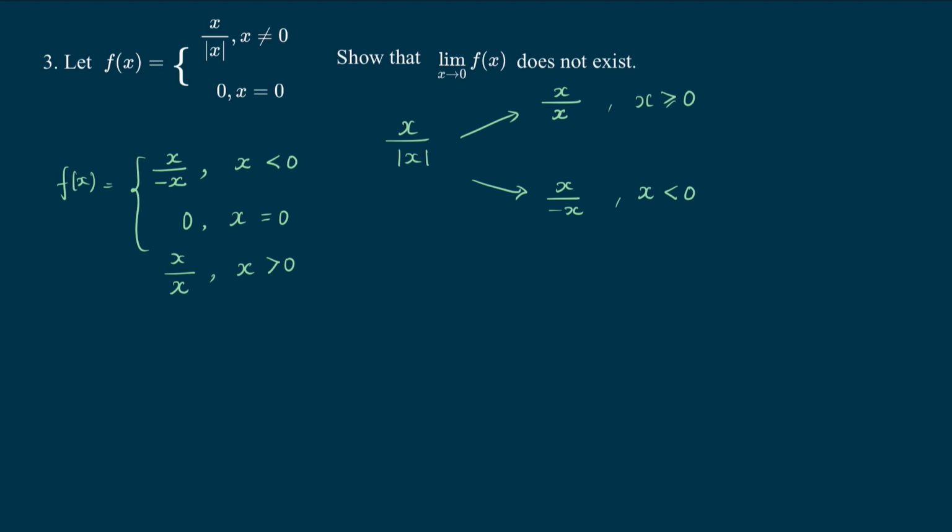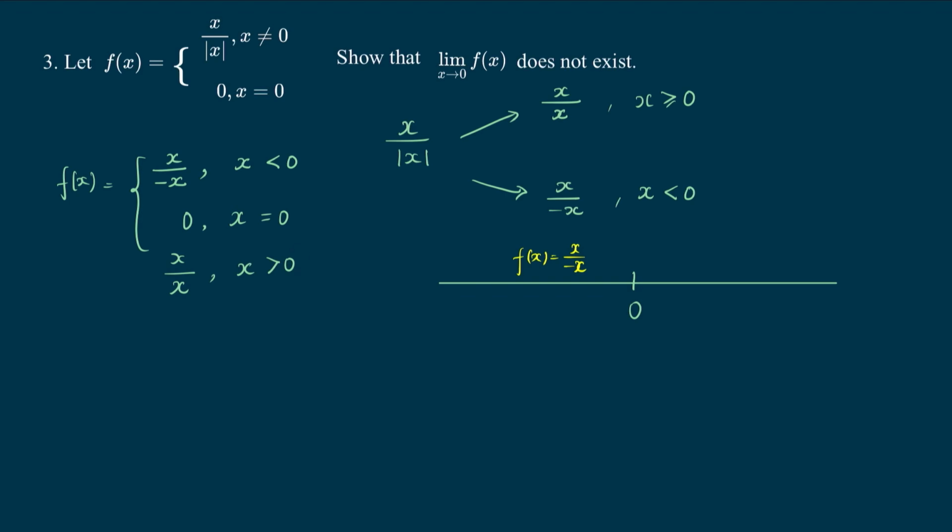And as you can see, there is 0 here in the question, so I'll draw a number line and mark my 0. Whenever x is less than 0, then the function is x over minus x. So here the function f(x) will be x over minus x, because this portion is less than 0.